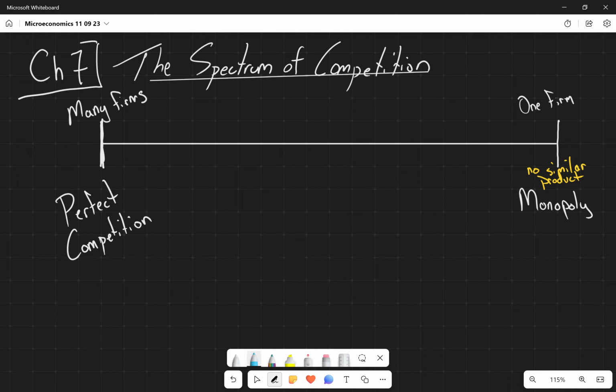In addition to having many firms, we have an identical product, a uniform product. There's no differentiation. When we're talking about perfect competition, we oftentimes will talk about wheat or corn or beef.